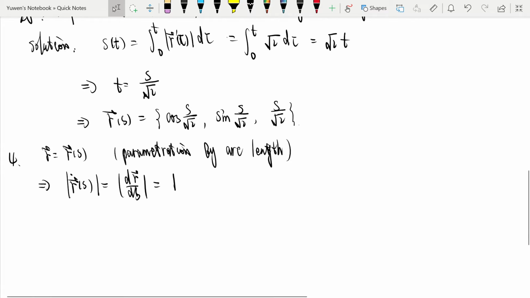We call this T. We use the dot over the arrow. It means that is the derivative with respect to arc length. It's called the unit tangent.